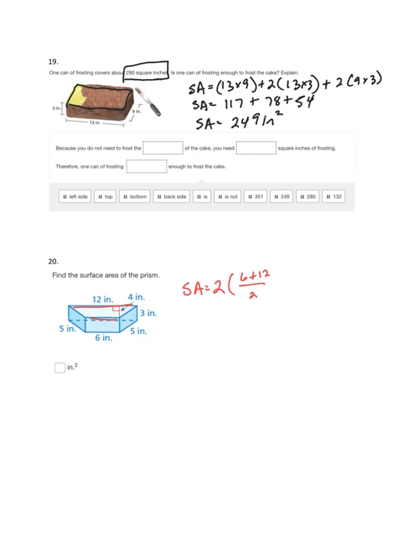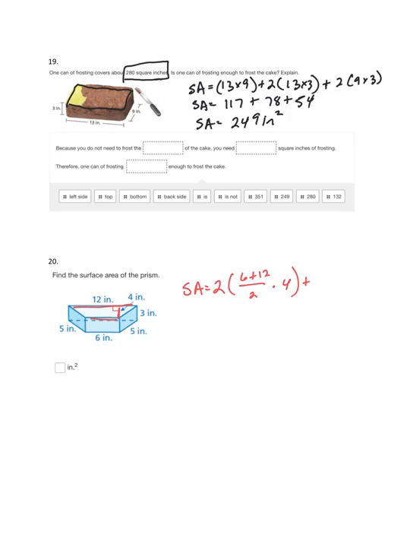So you're really taking the average of the bases times the height, which in this case is 4. That's this right here.